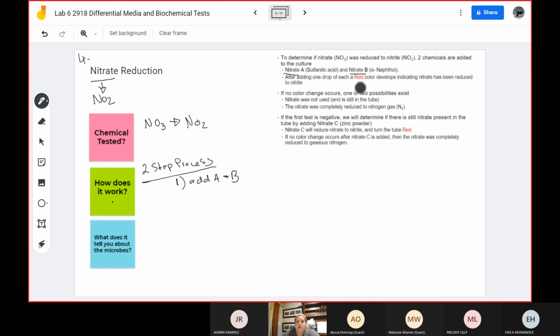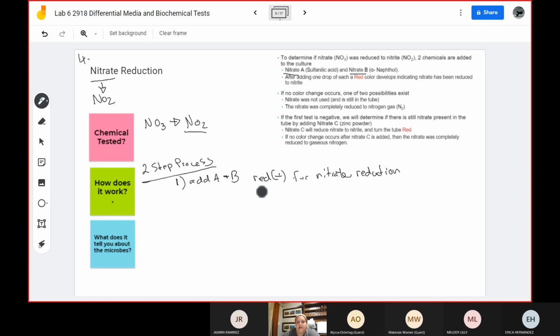And if when you add these 2 forms of nitrate, a red color comes up, it means it is positive for nitrate reduction. That means whatever this bacteria is, if you add these and it turns red, this bacteria is utilizing nitrate as an electron acceptor and producing energy.